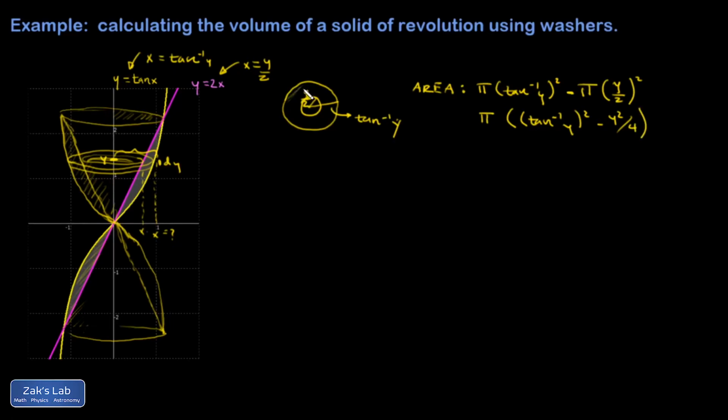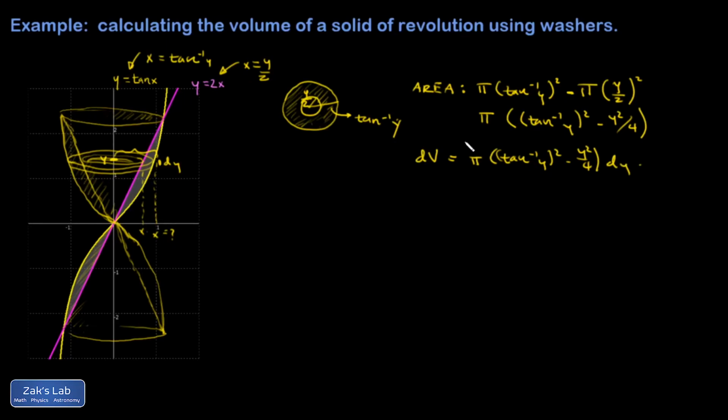So that's the area of this washer located at a height of y. Then I can write down my volume element, how much volume is in that washer. That's dV equal to the area multiplied by the thickness dy.